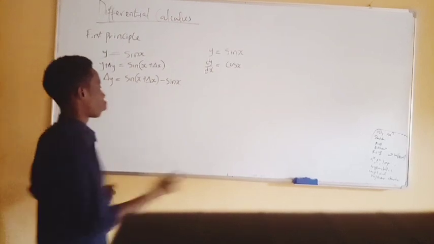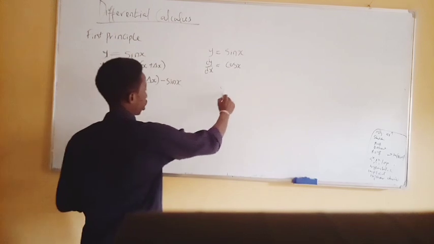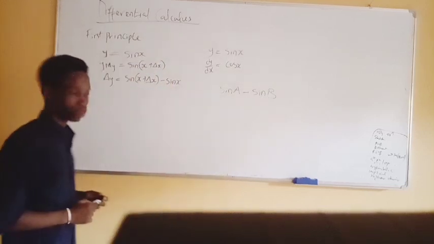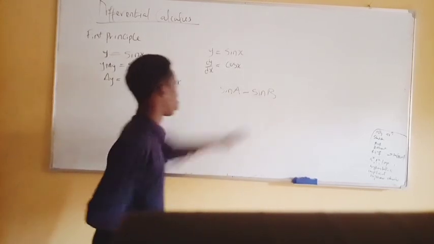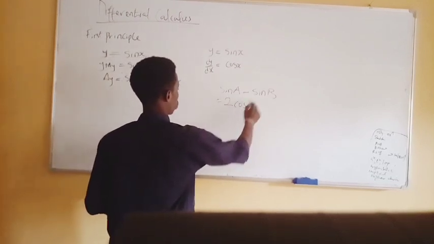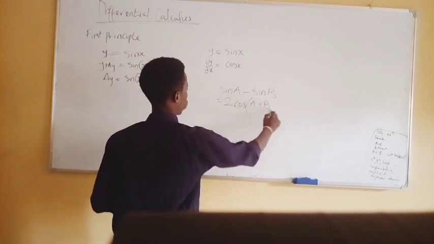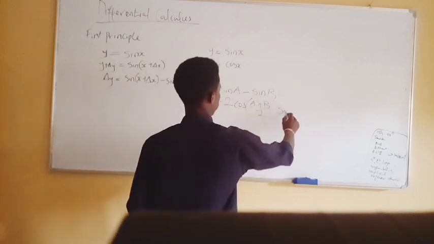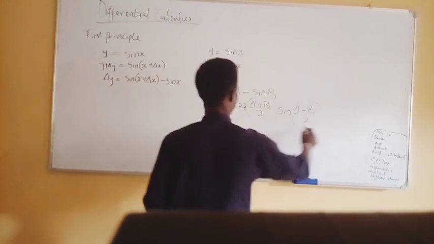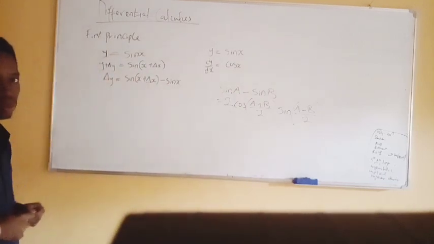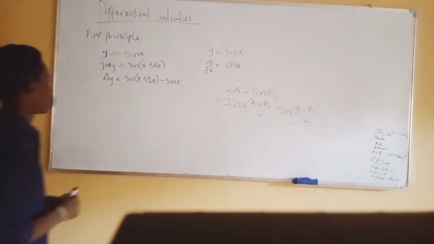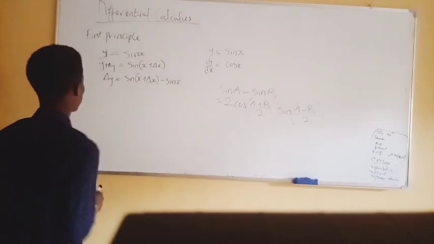This is a case where we have sine A minus sine B, and this equals 2 cos of A plus B over 2, sine of A minus B over 2. So, this is what it's going to be.